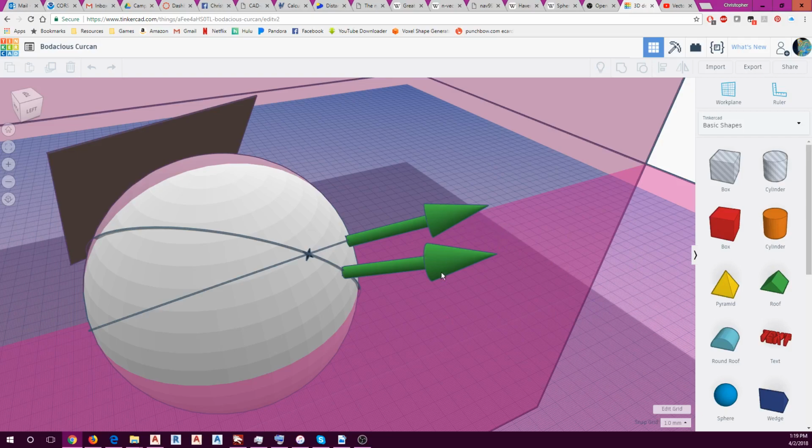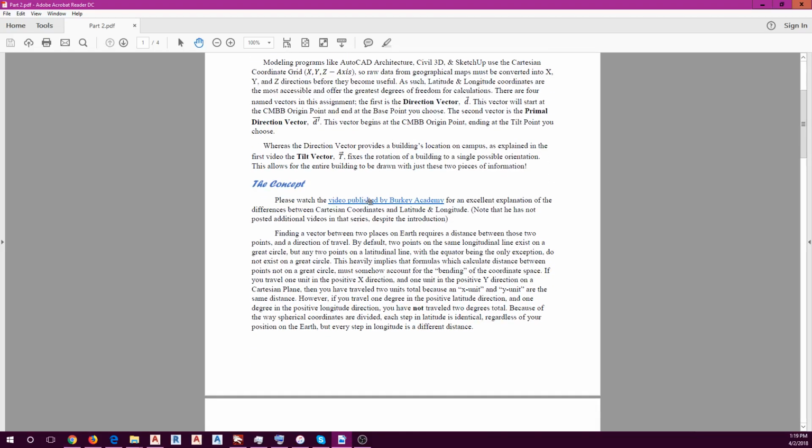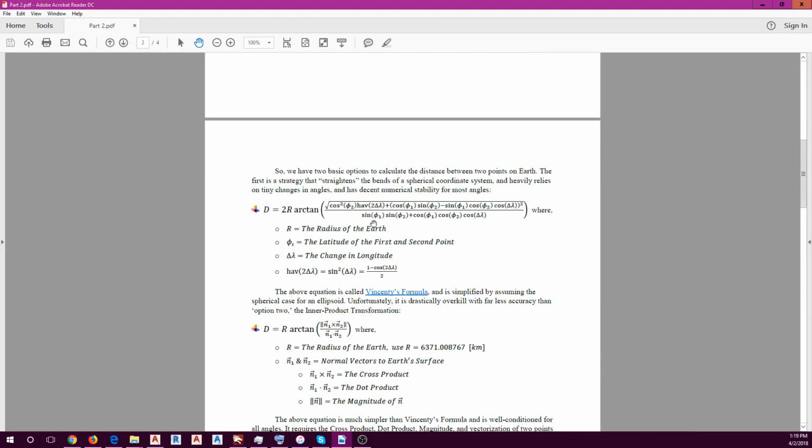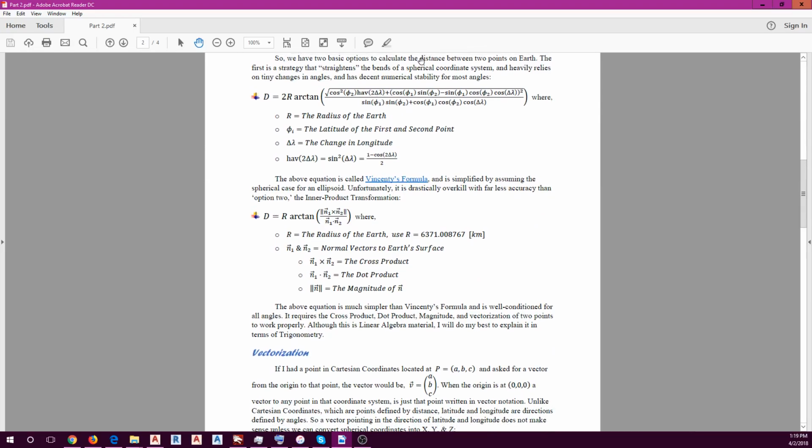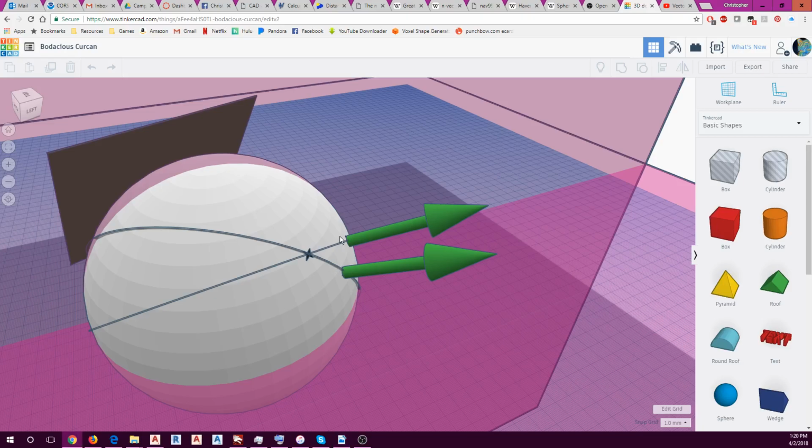That being said, there's really two ways that we can go about doing this. We can calculate the distance after we have fixed the coordinate system, and this straightens out the, in air quotes, bending of a spherical coordinate system. That bending corresponds to the fact that two parallel lines on a sphere start parallel, but as it turns out, they intersect.